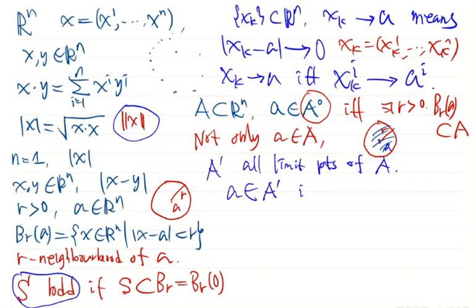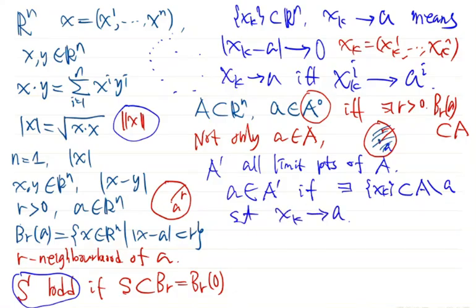This means there exists a sequence contained in A but not equal to a, such that this sequence converges to the point a. If a point can be approached by a sequence in A, then this point is a limit point.